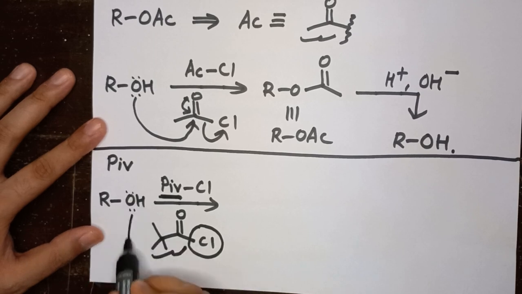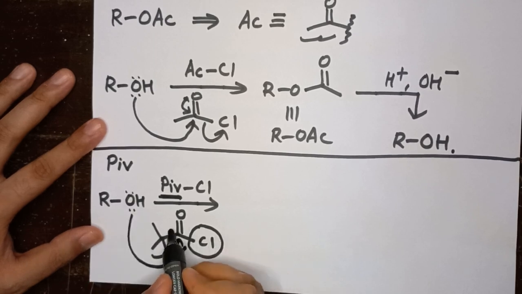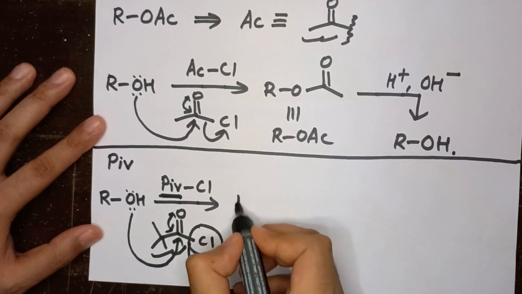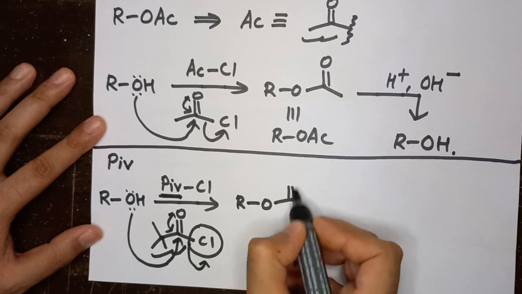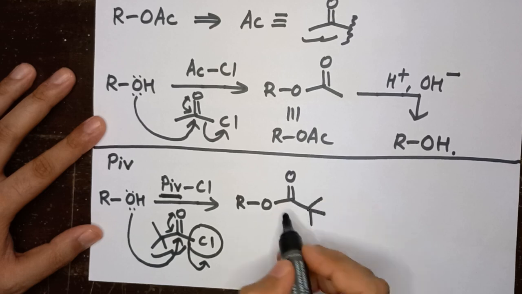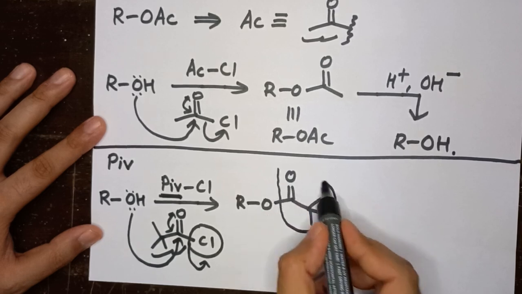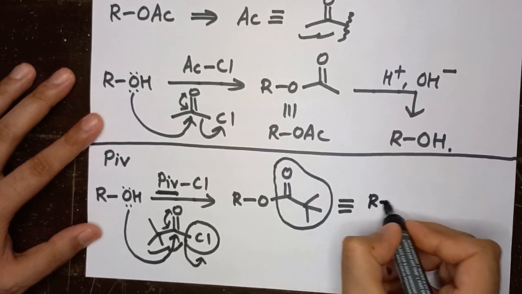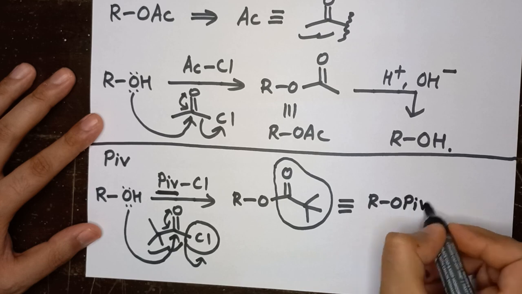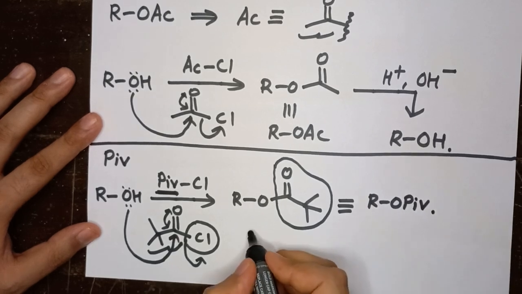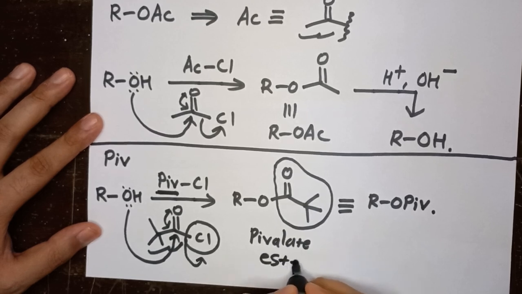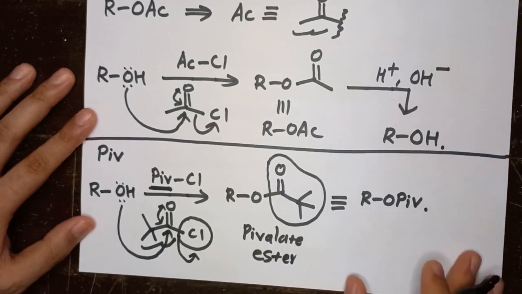So this oxygen lone pair will attack. Through conjugation, Cl is going to leave, and you have generated RO C double bond O tertiary butyl. So this C double bond O tertiary butyl is what we call ROPiv. You have formed a pivalate ester. So this is an ester bond, right? That's why it is named pivalate ester.